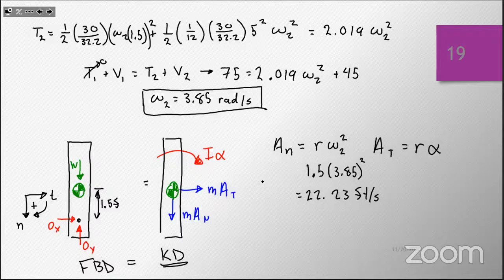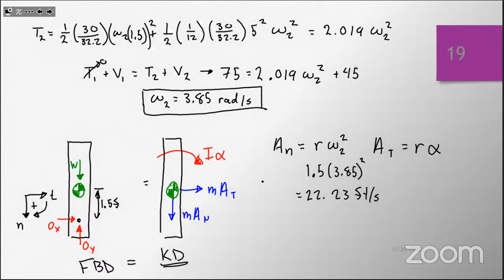The pin is an excellent choice. Remember Dr. D's number one rule for selecting where to sum your moment? Always look for the place that has the most forces, because you can cancel out a lot of your terms that way.